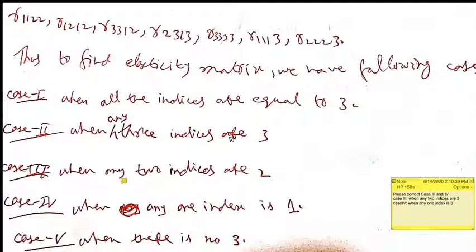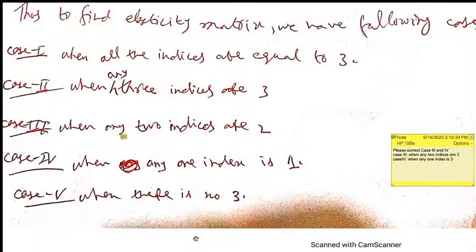And why are we taking the cases in which 3 is involved? Because our transformation matrix is due to the axis 3, as we have taken the x3 axis as the symmetric axis.